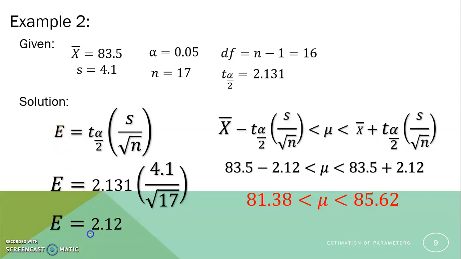So, we have the error which is 2.12, and then mo na siya atong i-plus ug minus sa atong sample mean nga 83.5. So, ang average score sa 17 or sa population diay is nag-range siya between 81.38 and 85.62.